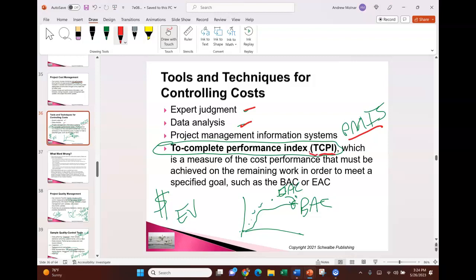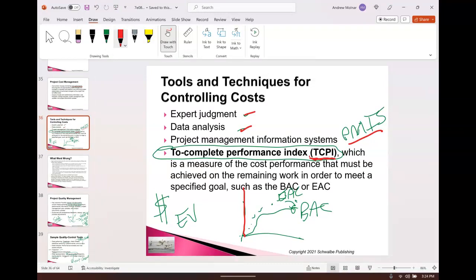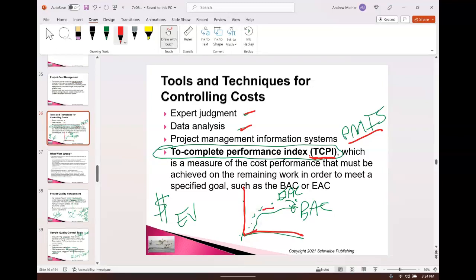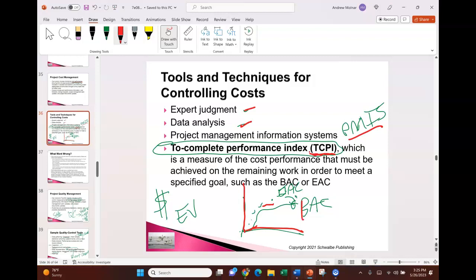So I have TCPI. TCPI is one way to control it because when I have my graph and I have my normal S curve right there in green, notice my budget at completion is at the end of the S curve. But if my project is off course, estimate at completion can end up being higher.